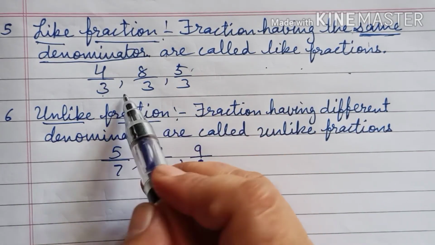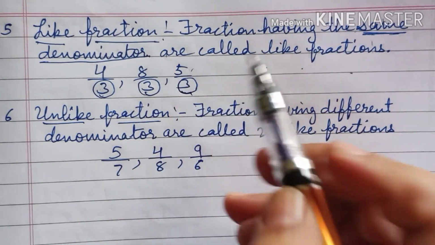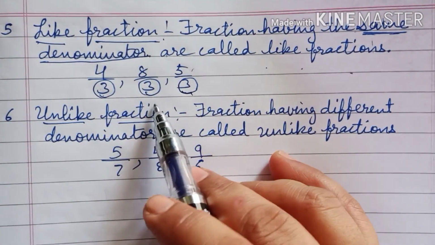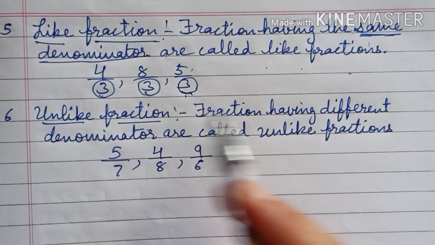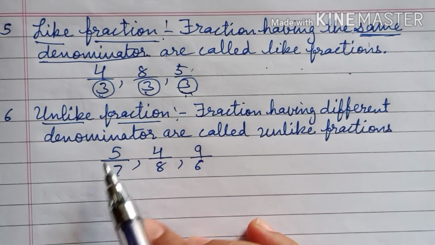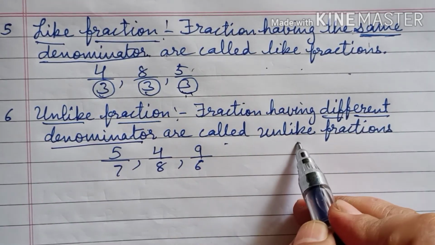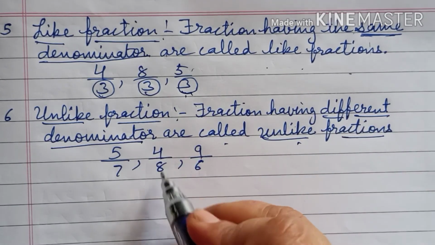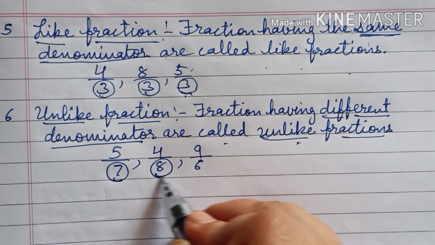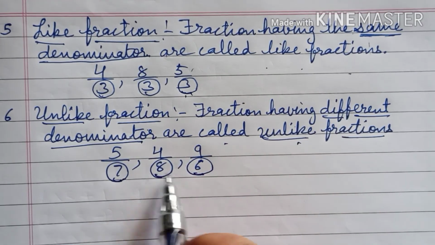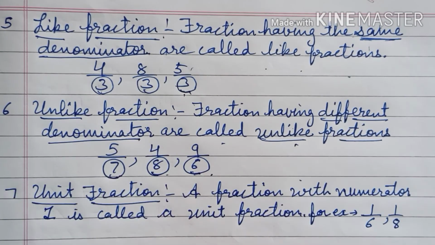If we have the same denominator in fractions, these fractions are called like fractions. Unlike fractions: fractions having different denominators are called unlike fractions. Here the denominator is 7, here 8, here 6, all are different numbers, so these are called unlike fractions.